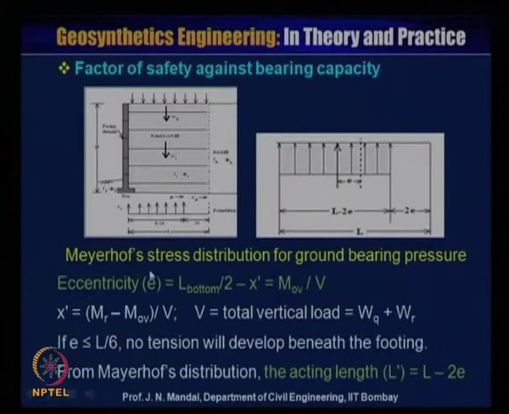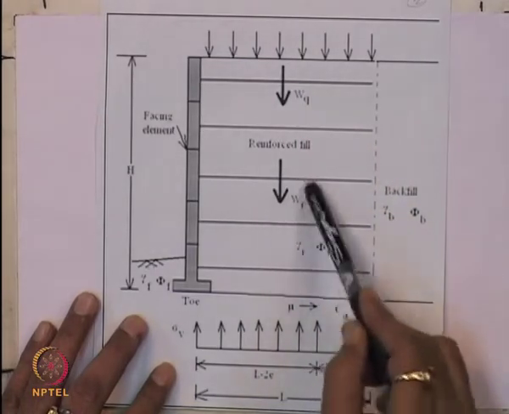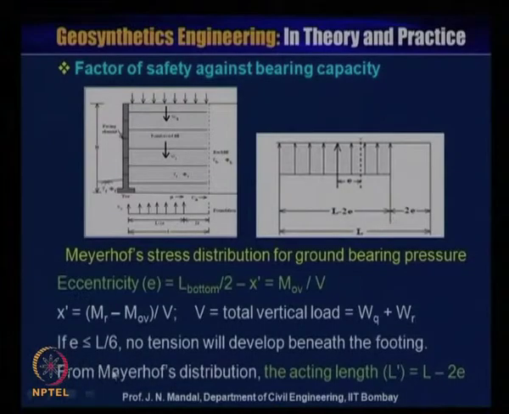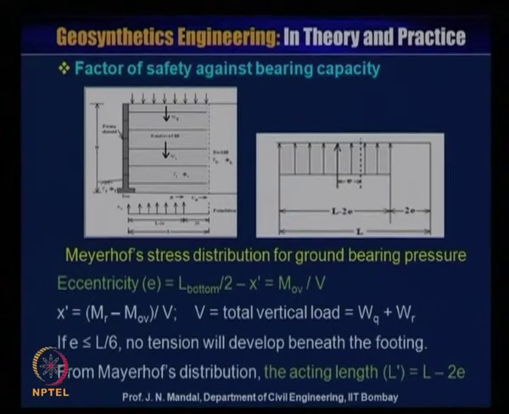So you know what will be the total vertical load. That total vertical load will be equal to WQ plus W of R. So whatever the vertical load, V will be equal to WQ plus W of R, and you have to calculate the eccentricity, and this eccentricity value should be less than or equal to L by 6, and no tension will develop beneath the footing.